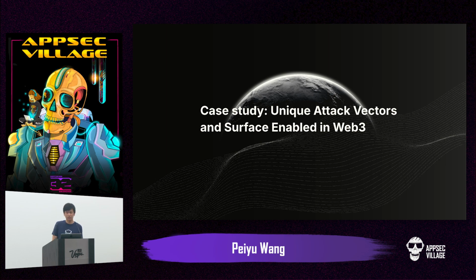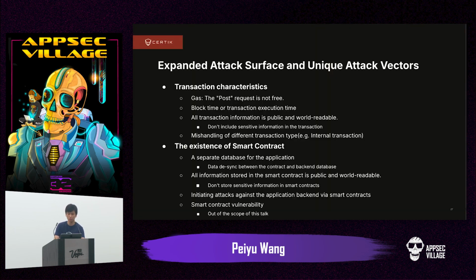So in the last session, I talked about how Web2 attack vectors have higher severity in Web3. In the next sessions, I will talk about what kind of unique attack surface Web3 can enable. Due to constraints, I cannot go over each sub-item one by one.